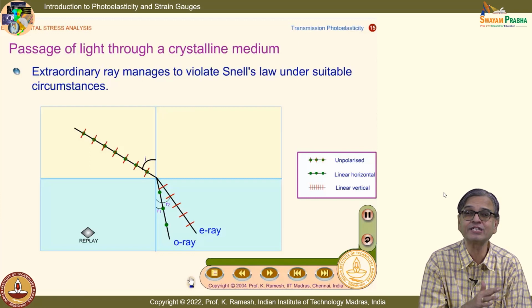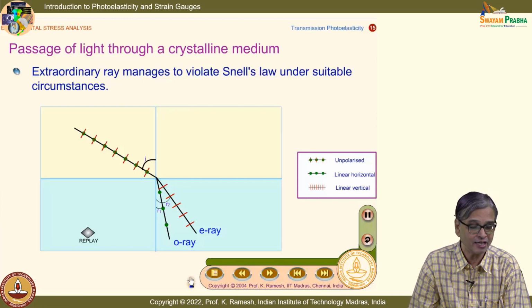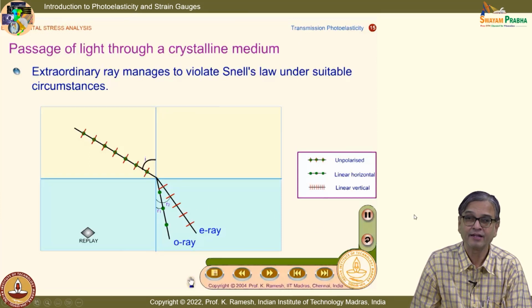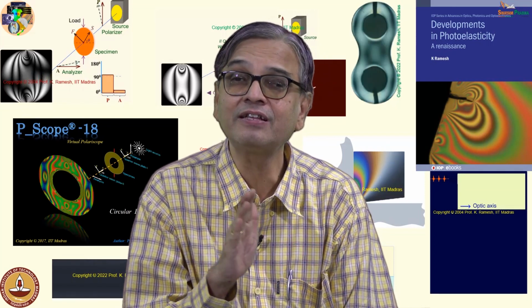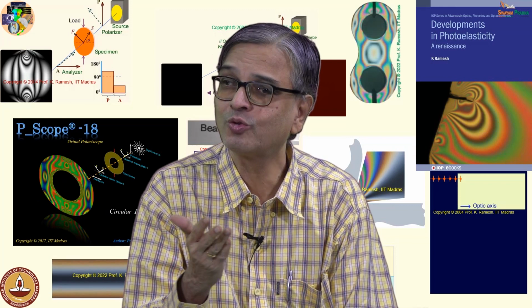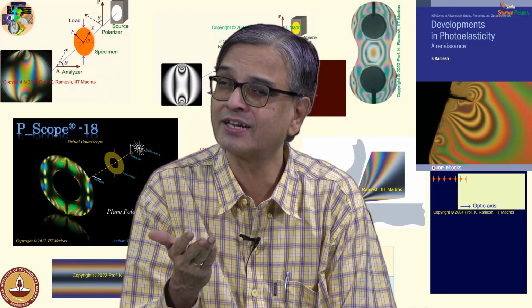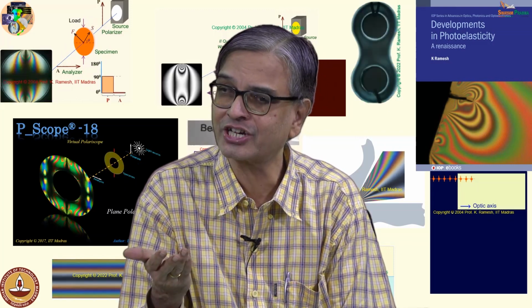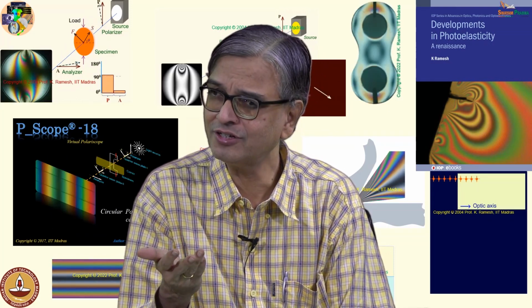Okay. When you associate this with velocity, what do you anticipate for the ordinary ray and extraordinary ray? They will travel with different velocities, which you can visualize, because you have Snell's law which relates the refractive index to the angle of incidence and angle of refraction. Isn't it so?